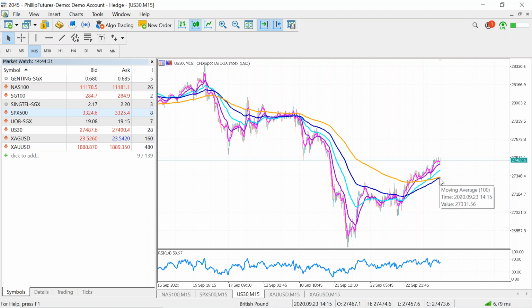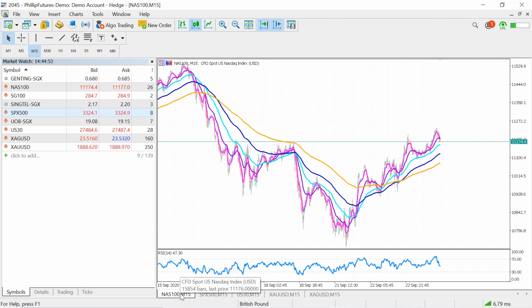Because you can see that the last moving average has not really broken through, and then the RSI is quite high. It's still quite high, so it's not anywhere near the oversold region. So among these three contracts, if I were to trade, I'll probably choose the Nasdaq for today.